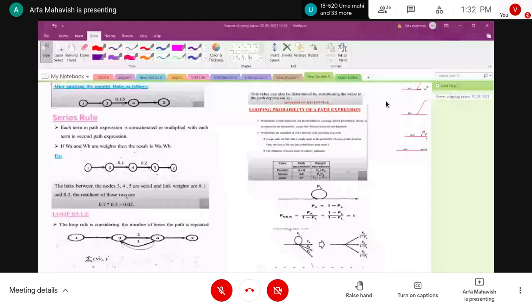Here we are basically going towards the lower path. Path selection will be done towards the lowest, towards the lower path rather than the higher path.